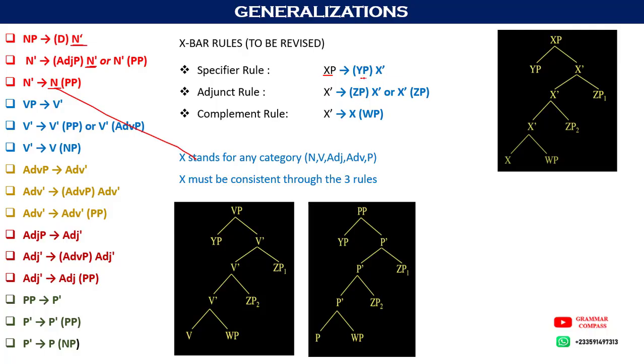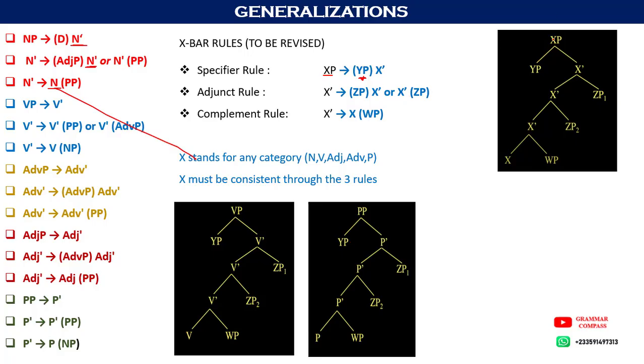Now the specifier is the determiner, but not all the phrases have determiners. So for phrases without determiners, the XP phrase level is going to give you a bar level. So the VP will move to a bar because it doesn't have any determiner. For the prepositional phrase, the prepositional phrase will move to a bar because at the first level, it doesn't have any determiner.